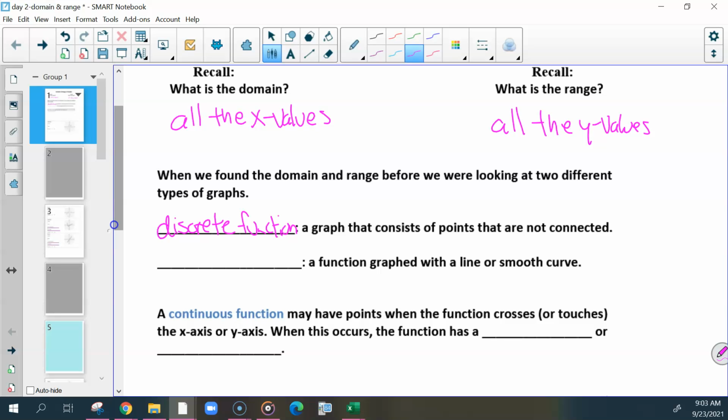So when we were doing the relation examples, those were discrete functions. They were random points all over the place. And the graphs we were doing last class were continuous functions. I could say it's continuous, like if it has an endpoint or arrows. If I start at one point and then I don't pick up my pencil to draw the graph, whatever it is.